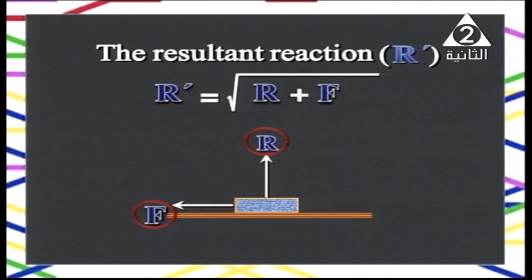R, the normal reaction. If a force acts on the body, then R dash, called the resultant reaction, equals the square root of R squared plus F squared.